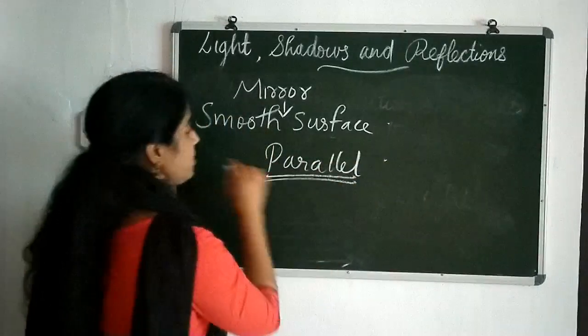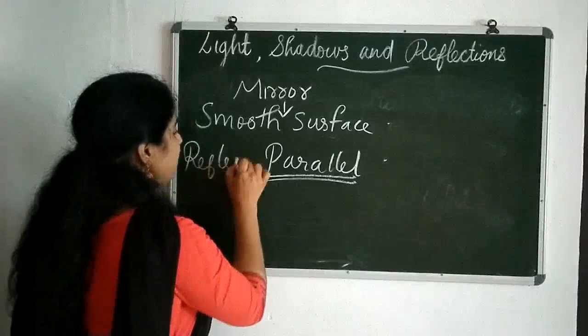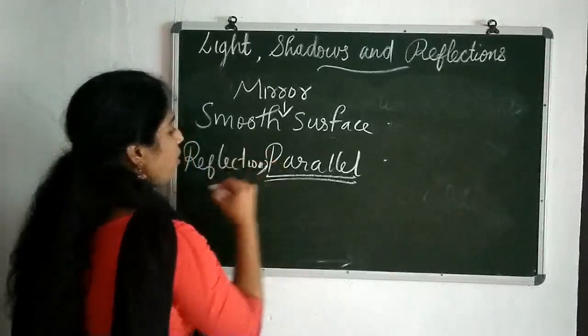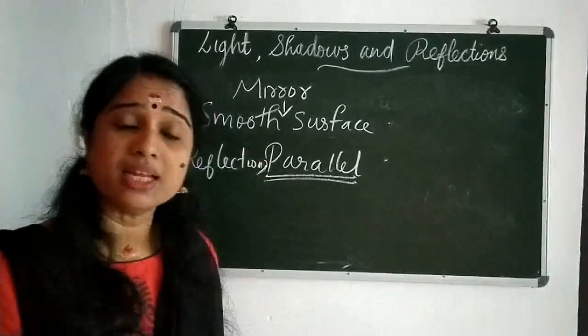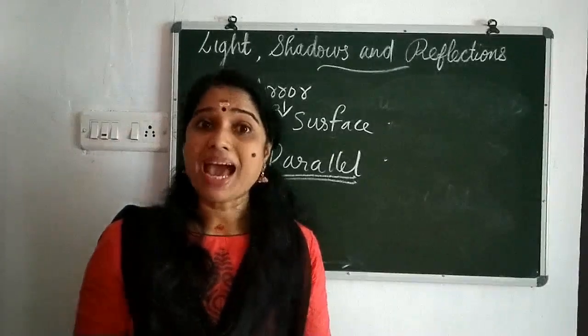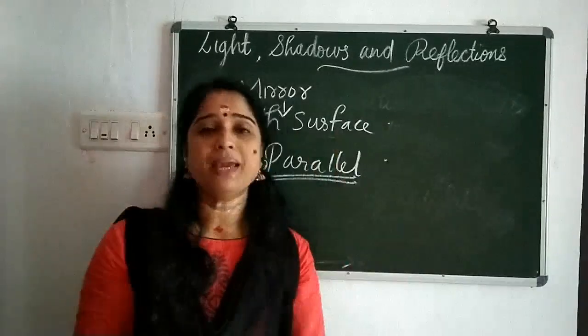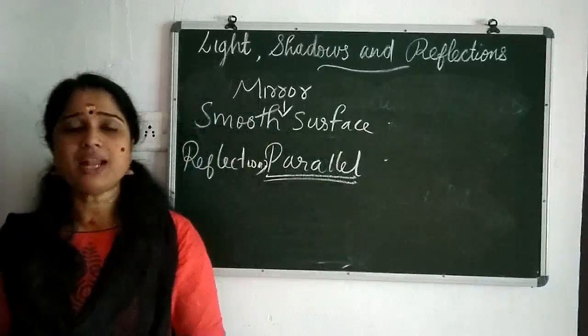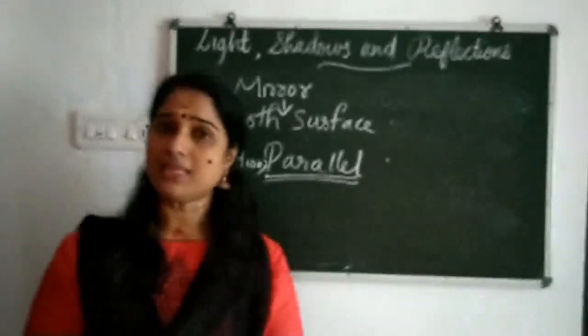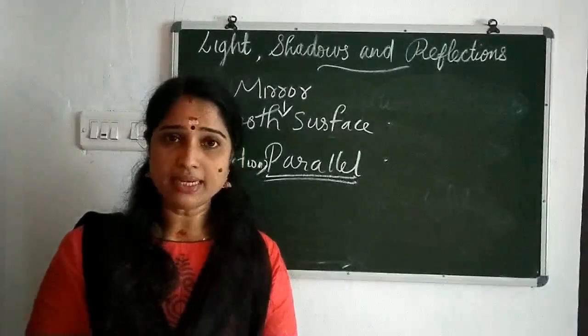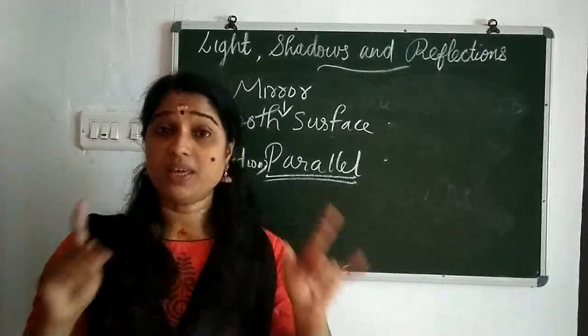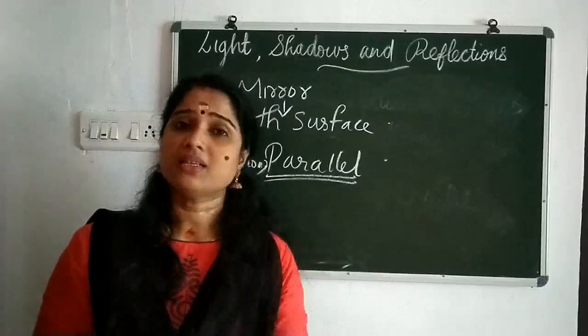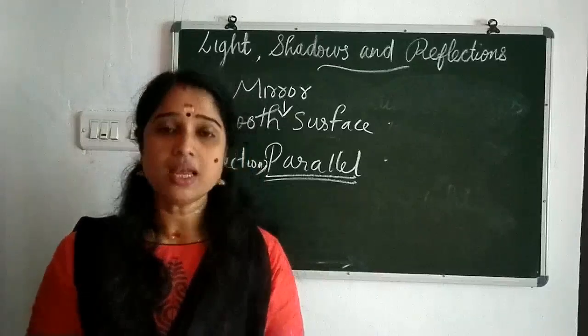That's very, very important. Reflection of light is parallel. As it is parallel, we can see our image in the mirror. If the reflection of the light is not parallel, we cannot see our image in the mirror. So, clear? A mirror is a glass with a smooth surface.